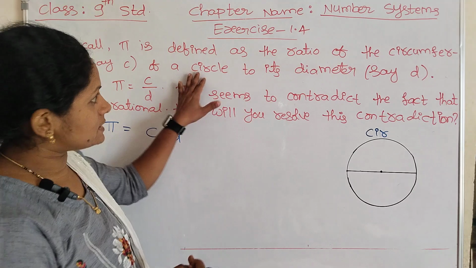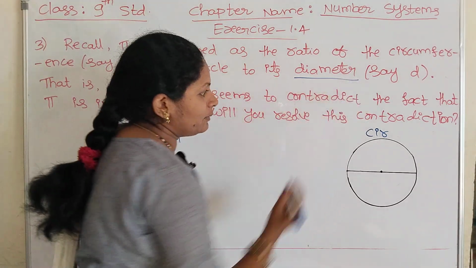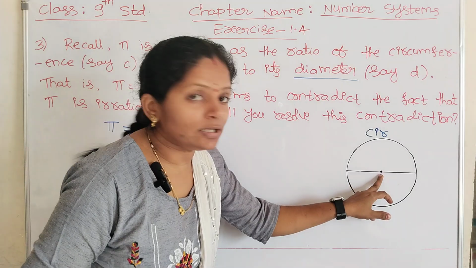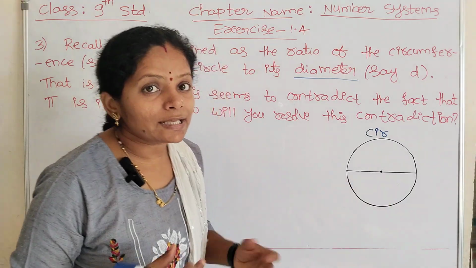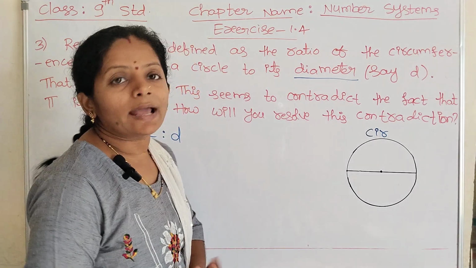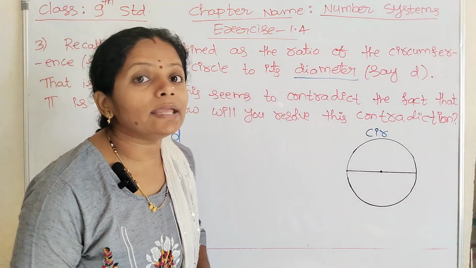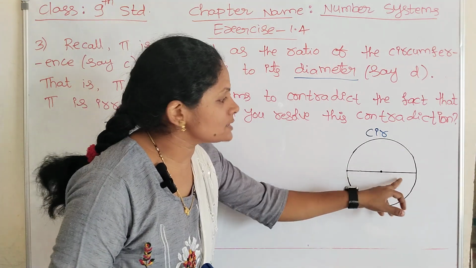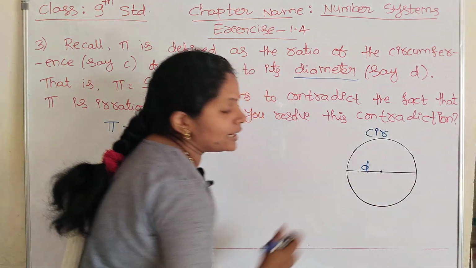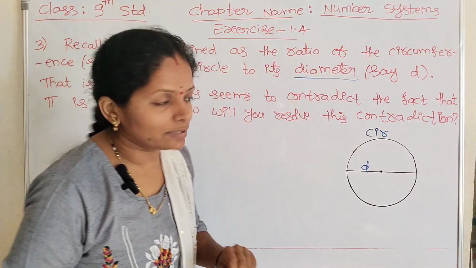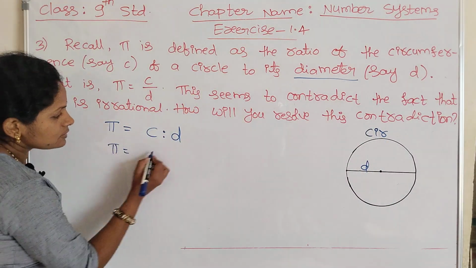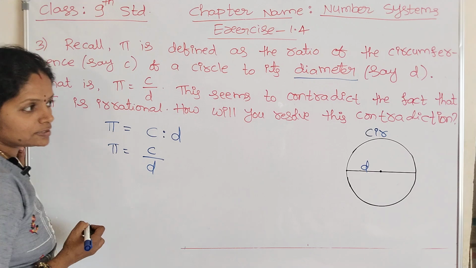The diameter, in a circle, is a line passing through the center of the circle. One more definition for the diameter is the largest chord in a circle. Here, this line is the diameter because it is passing through the center, and this is the circumference. So pi is defined as C divided by D.